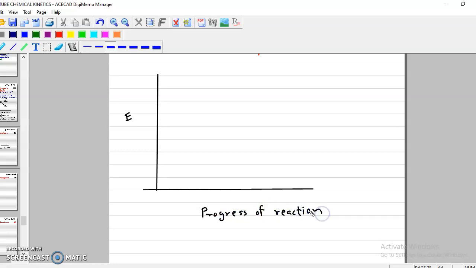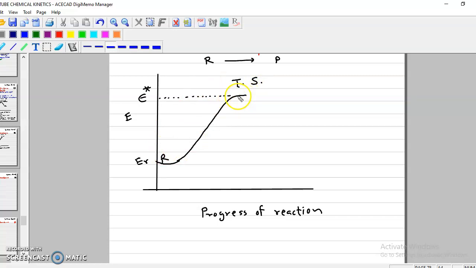Here also the reaction is the same, reactant is converted into products. Let us start somewhere from here, and the energy of reactant is this much. Let us call it ER. Now when the reaction is going on, the energy of reactant increases because we have to break bonds, and here we will achieve the transition state. The energy of the transition state or activated complex is called threshold energy. This is the highest amount of energy achieved by the chemical reaction in these compounds.